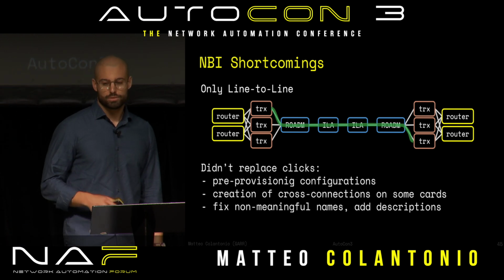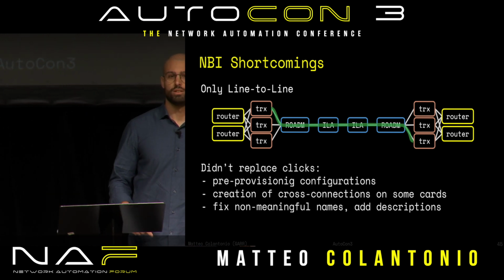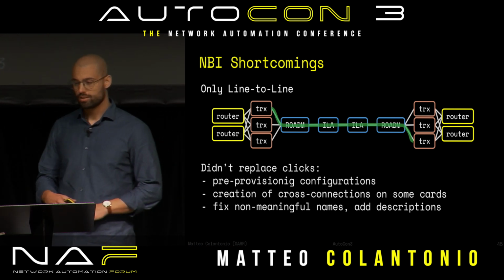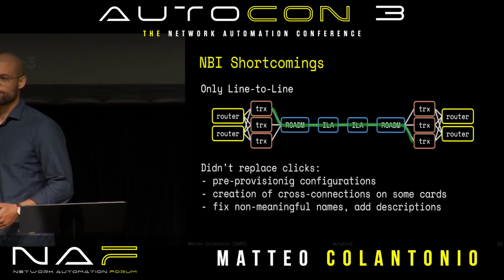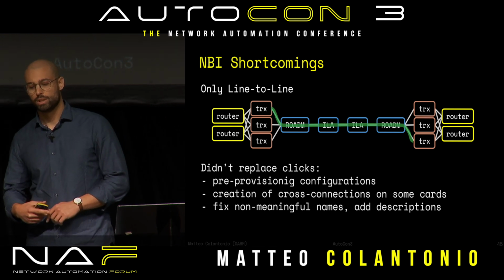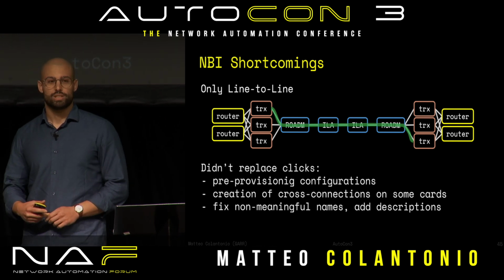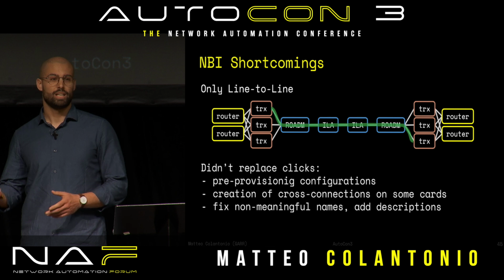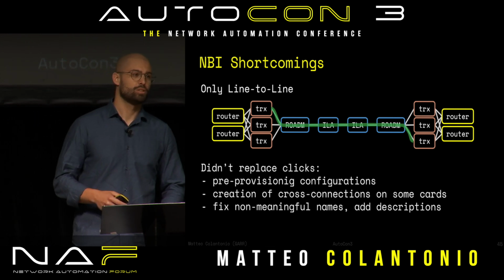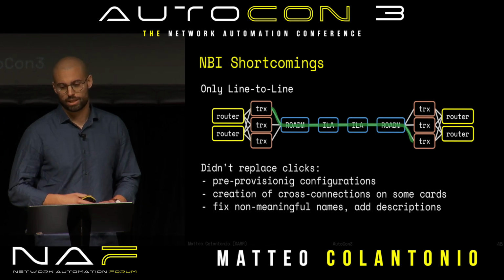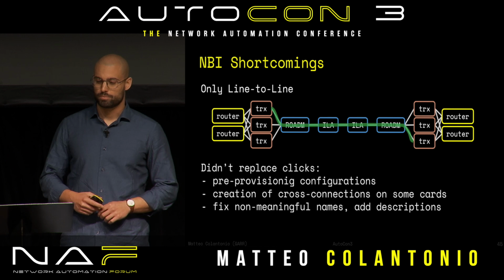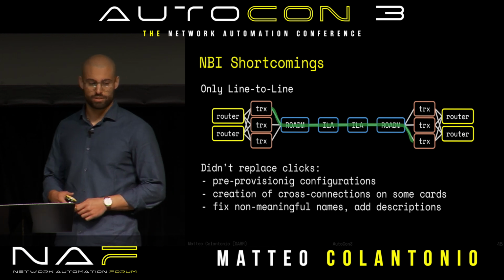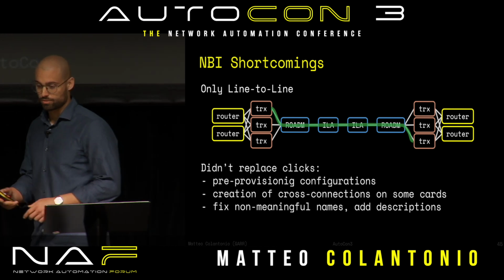We still had to do the cross-connection on our transponder cards, and also fix non-meaningful names, because the operation teams need service labels and descriptions, which were never taken into account by the northbound interface of the controller.